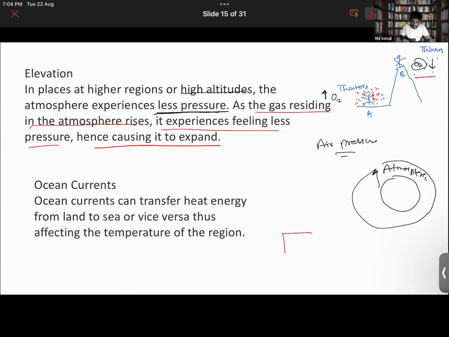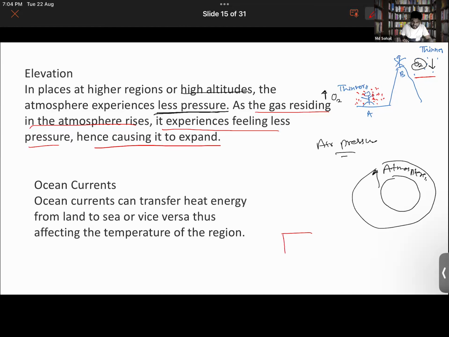The particles of air above this mountain will expand more. That is also the reason why you will feel less pressure, because the air molecules are expanded over a larger area. They are not concentrated at a particular place.